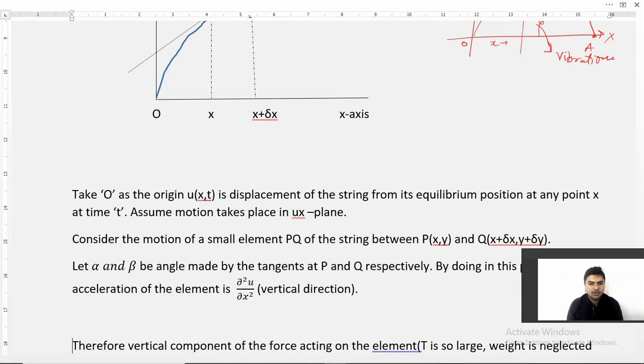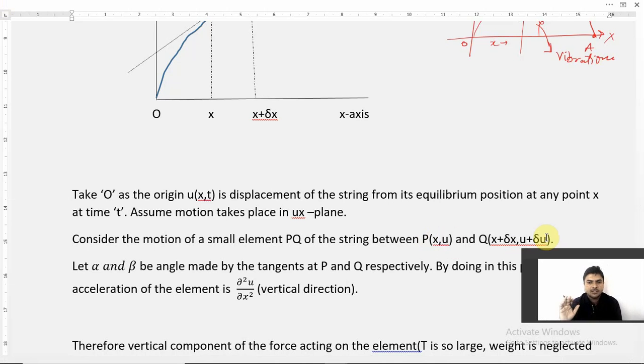Consider a motion of a small element PQ of a string between P at x comma u, and because it is the u-x plane, I will just take this as the u axis. In some of the books they have given y, but here in this case I am going to take u.